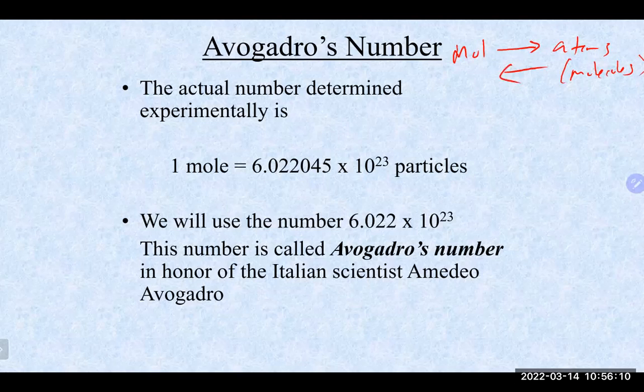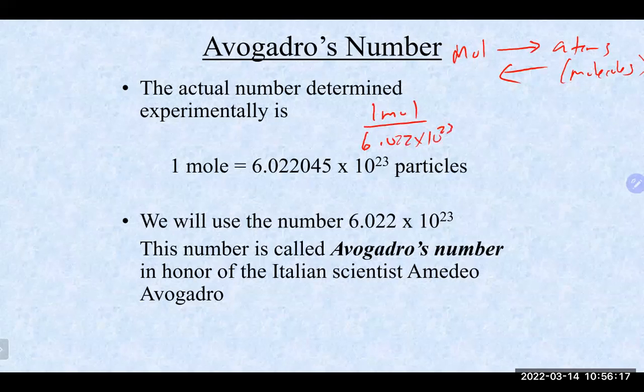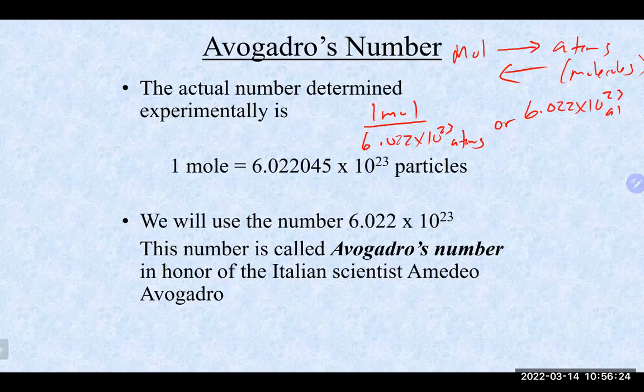Obviously we could do 1 mole of something up on top and 6.022 times 10 to the 23 atoms on the bottom, or 6.022 times 10 to the 23 atoms on top and 1 mole on the bottom. So this is really your conversion factor when you're trying to go from, in most cases, molecules or atoms back to moles, or vice versa, moles to either molecules or atoms.